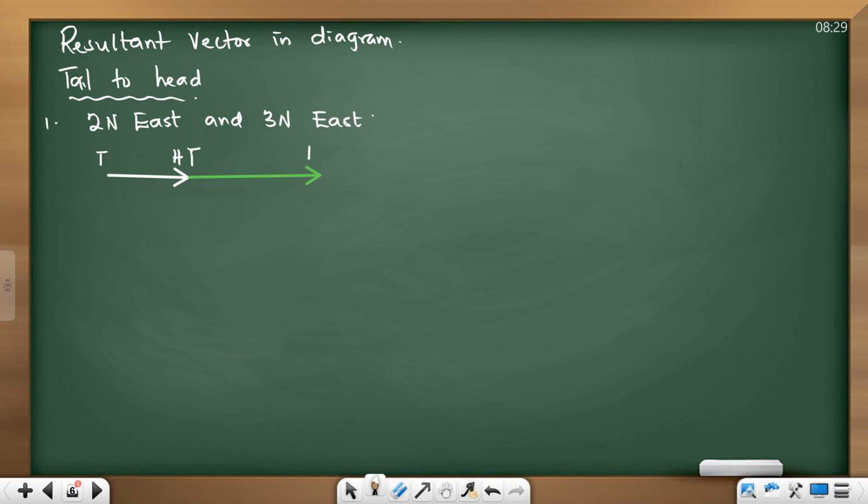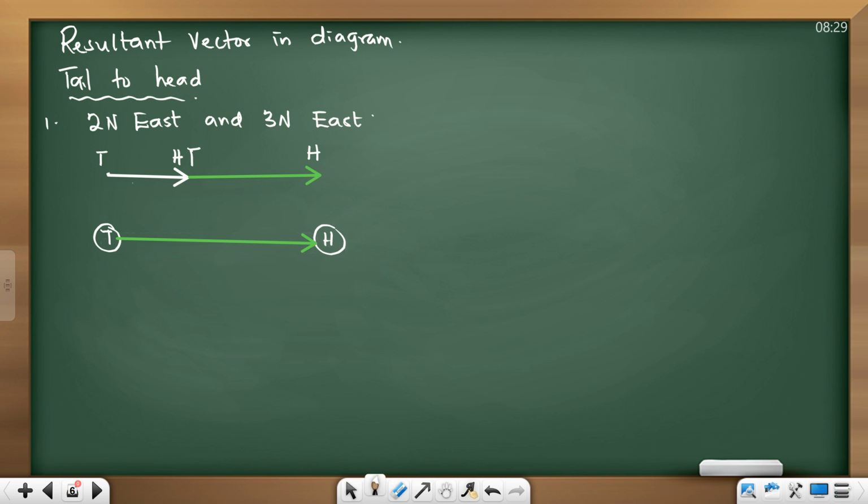And then what do we have here? That's the head, right? Then, to draw my vector, it has to be from the open tail to the open head. Does that make sense? This tail is open, it's not connected. This head is open, it's not connected. That is going to be my resultant.